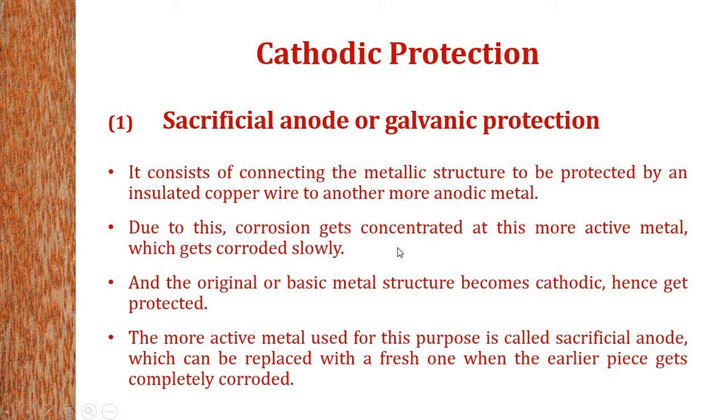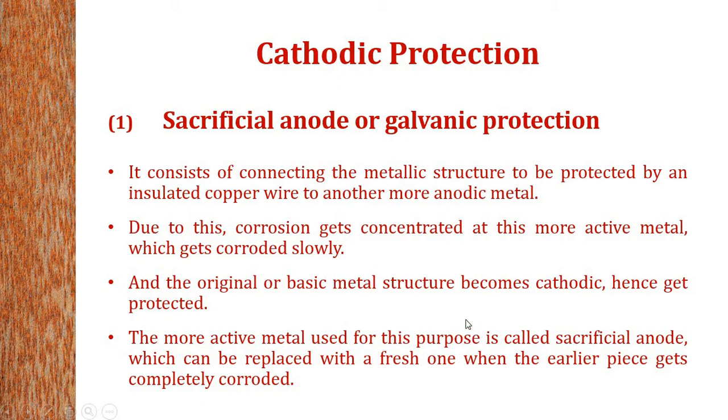Due to this, what happens? The corrosion gets concentrated on the more active metal. This more active metal is acting as anode now, and the metallic structure that we want to protect is acting as cathode. Therefore, corrosion will be concentrated on the active metal, and the original structure, which is acting as cathode, will be protected.